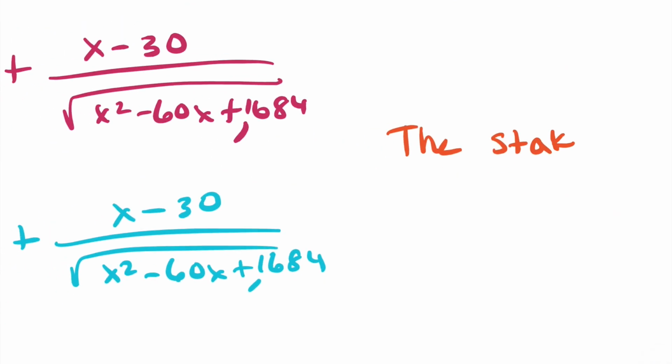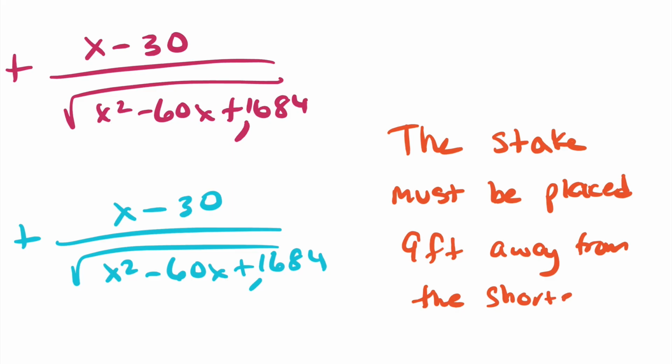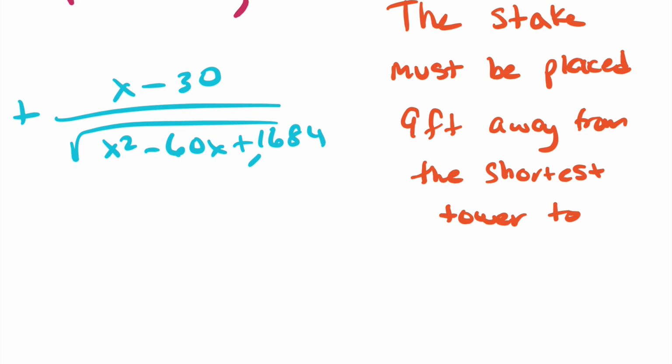The stake must be placed 9 feet away from the shortest tower to minimize the wire.